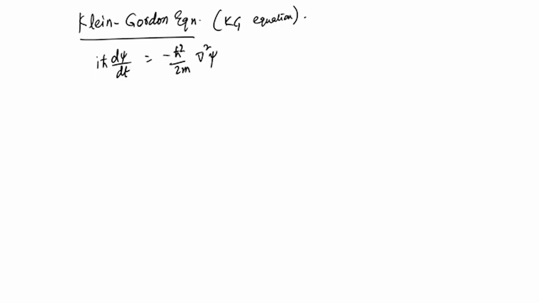We are writing just like a free particle Schrodinger equation, but you can put a plus Vψ without a problem. Now, this tells you that this is a second derivative in space, and this is a single derivative, or a first derivative, in time.